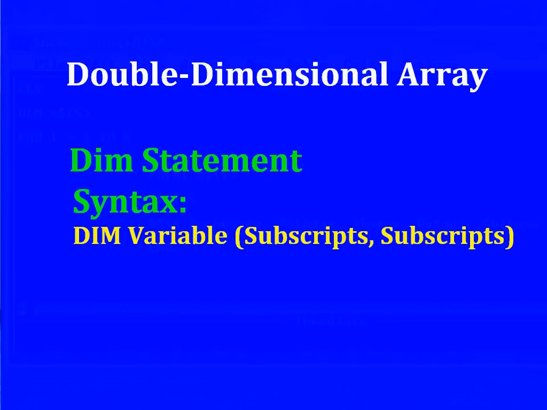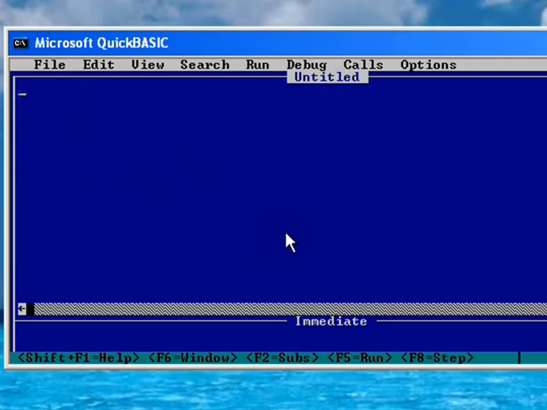Let's write a program using double dimensional array. Dim and now rows and columns, like 10 rows, 3 columns. Now press enter. CLS. Now print.